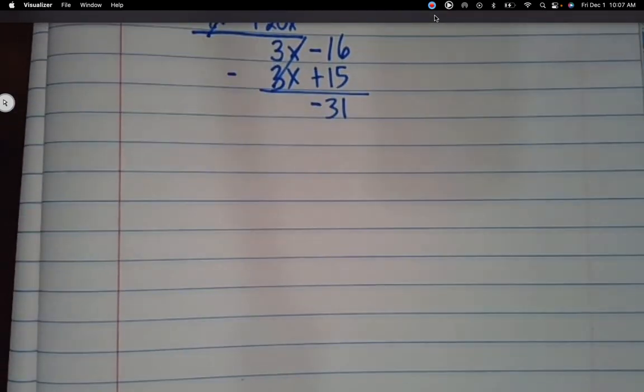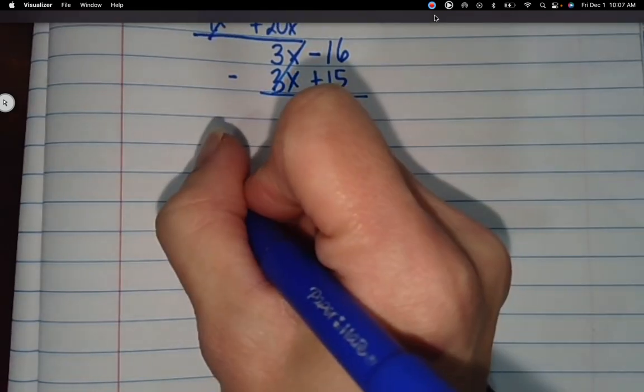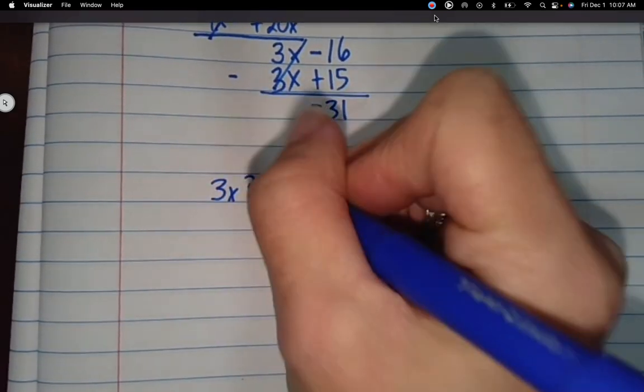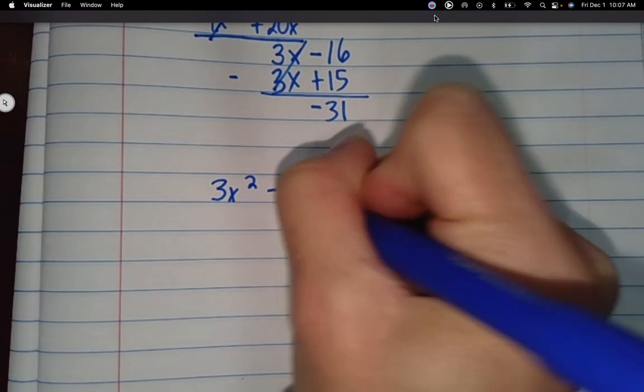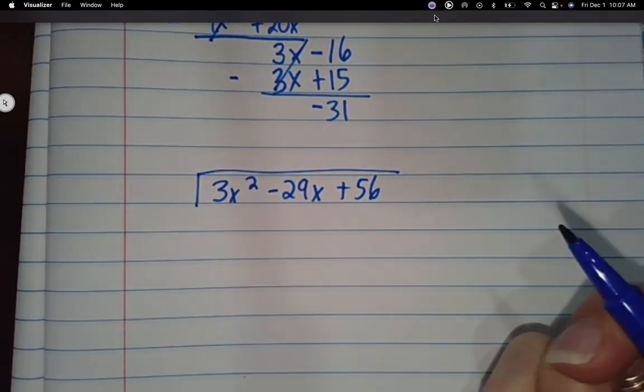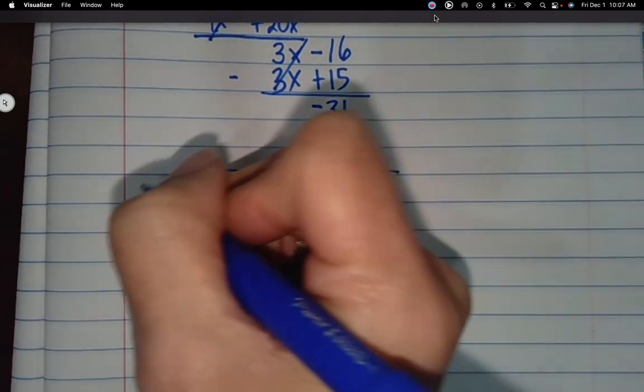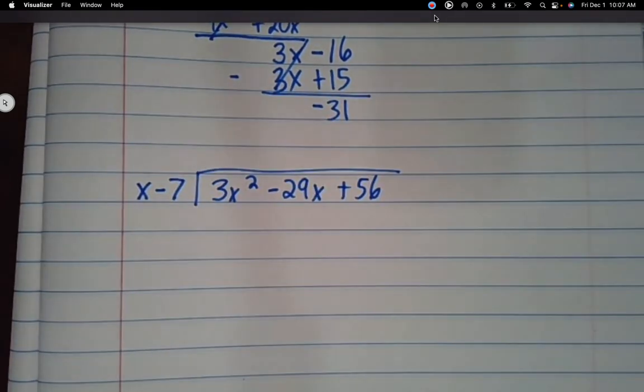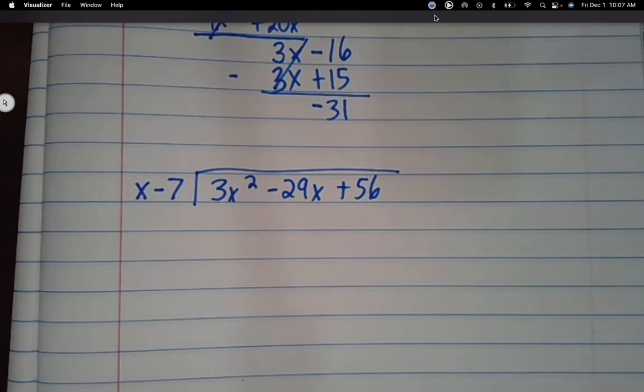So our next one, they want us to divide 3x squared minus 29x plus 56 by x minus 7. Okay? So what's the quotient and remainder? All right, so what's our answer? Are we ready?